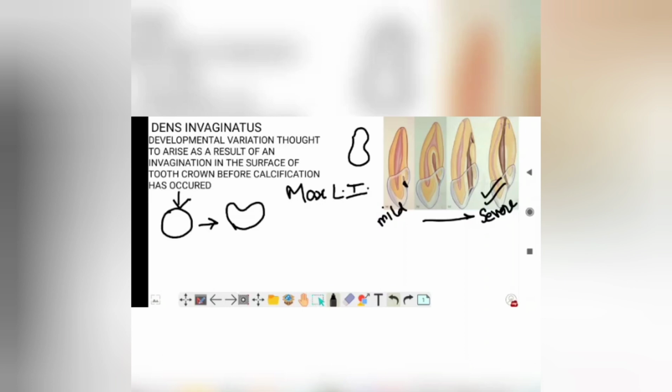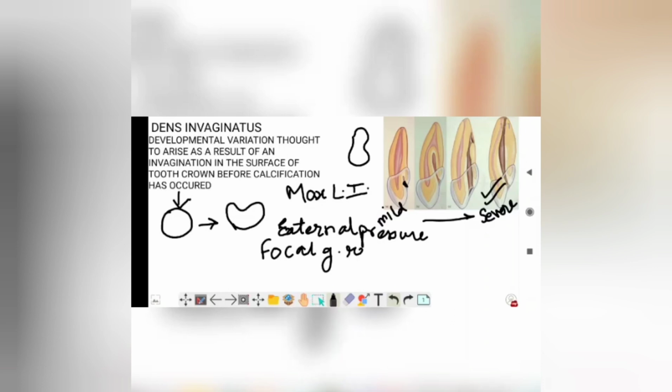So what is dens indente? It's simply the invagination of the tooth crown before calcification due to some external pressure, focal growth retardation, and focal growth stimulation.